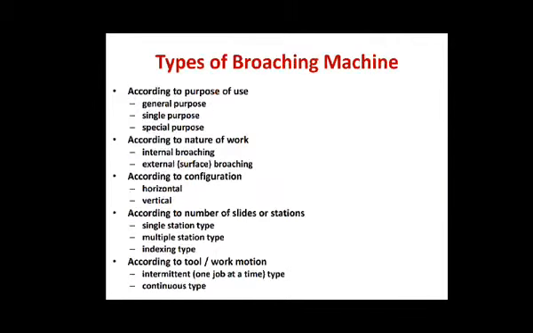Now these are the types of broaching machine according to purpose of use: general purpose, single purpose, special purpose, and according to nature of work: internal broaching, external broaching, and according to configuration: horizontal, vertical, according to number of slides or stations: single station type, multi-station type, indexing type, and according to tool or work motion: intermittent type and continuous type.